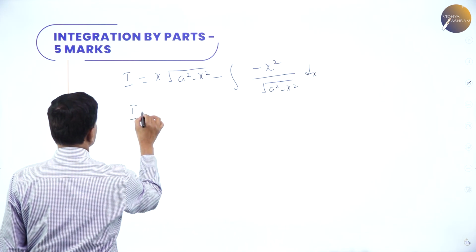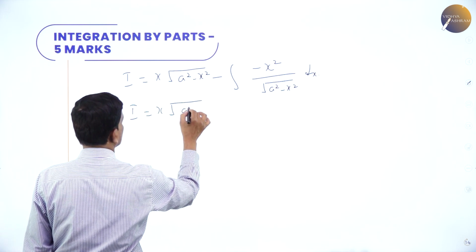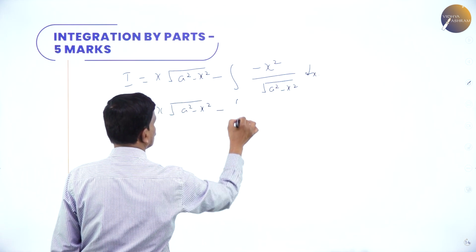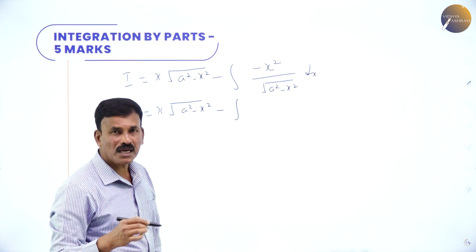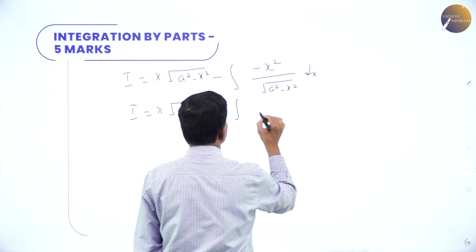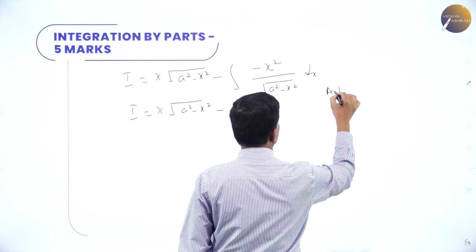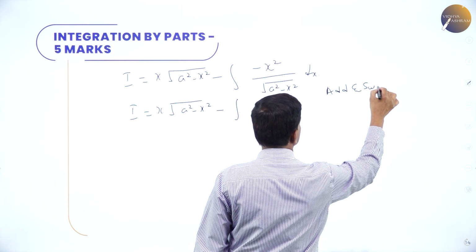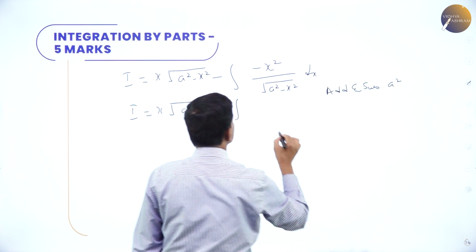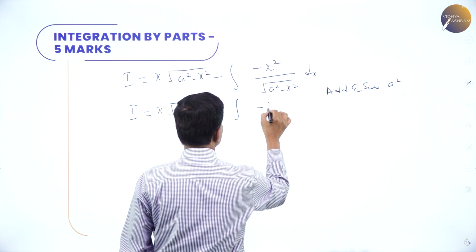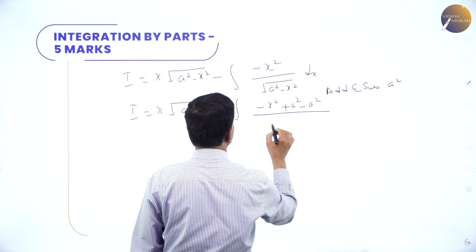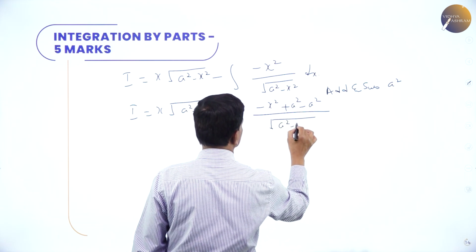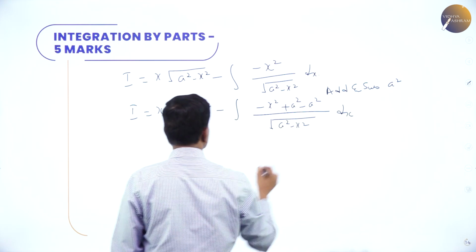Now I is equal to, the first step is same, x root of a square minus x square minus integral, just for this x square, add and subtract a square in the numerator. What happens? Plus a square minus a square divided by root of a square minus x square into dx.